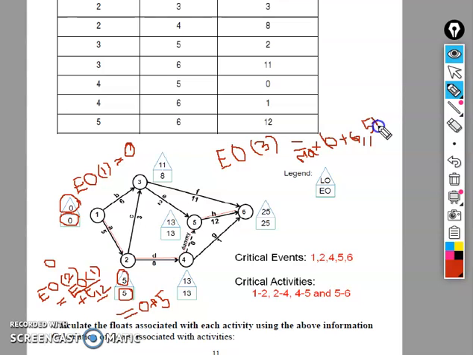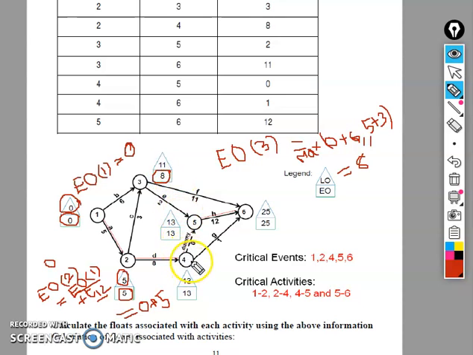So the maximum value is 8, so the earliest occurrence of point 3 is 8.